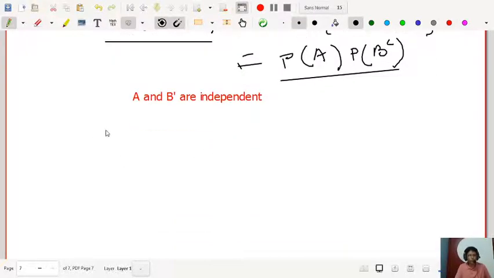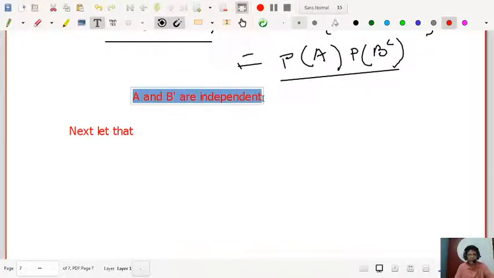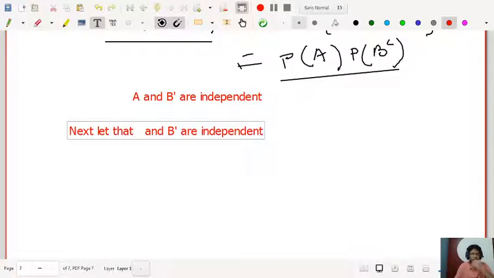Now secondly, next, assume that A and B complement are independent.